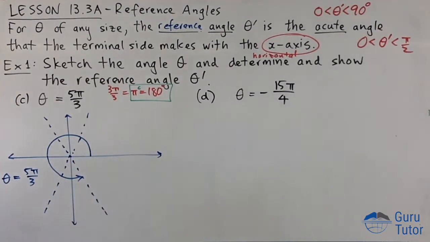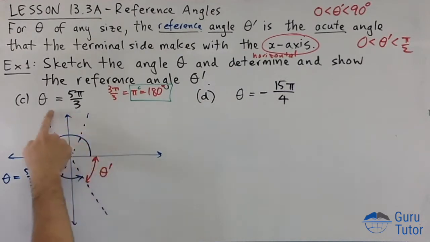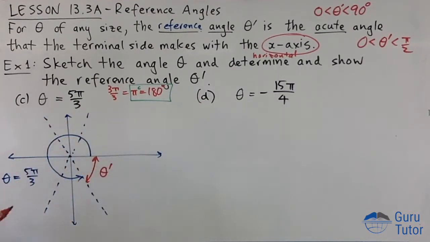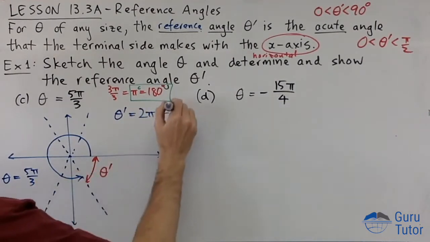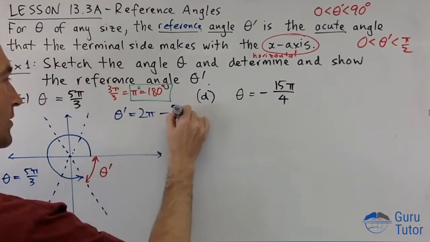Now what about the acute reference angle theta dash? So here's the terminal side, and it has to make an acute angle with the horizontal. So it's going to be here this time. Here is our acute reference angle, theta dash. And how are we going to figure out what that is? Well, it's going to be 360 minus theta. 360, 2 pi, minus whatever theta is, 5 pi over 3.